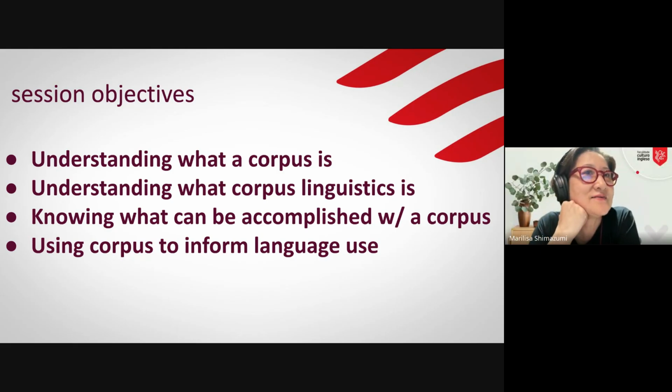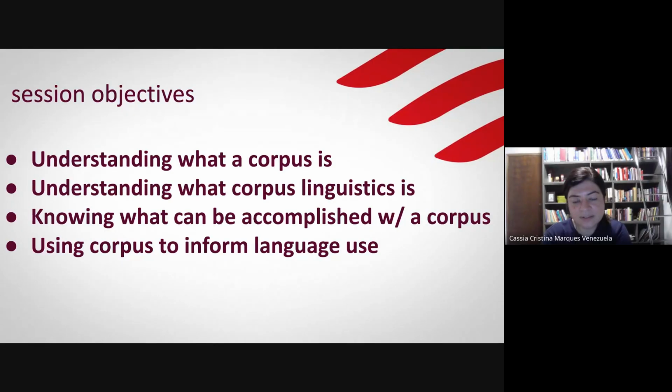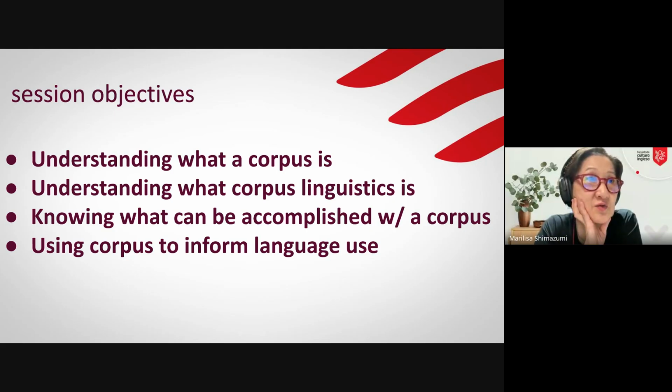Go ahead, Cassia. No, I was just going to comment that I think it's interesting because it's what language really is like. I really liked in the beginning when you said that when you work with corpus linguistics, there is no I think or my impression. No, you just have the facts from the corpus. Exactly. Evidence, exactly. So it's an empirical sort of language investigation, and Raquel is including here that she uses Cambridge publications, right? And it is corpus based.